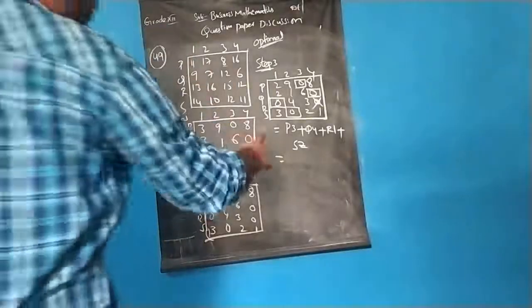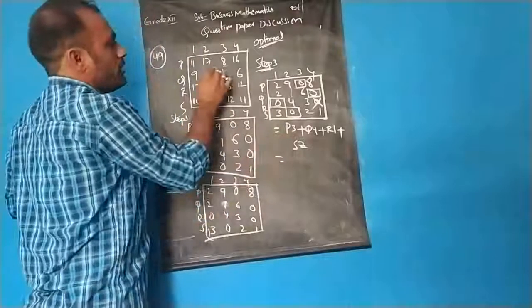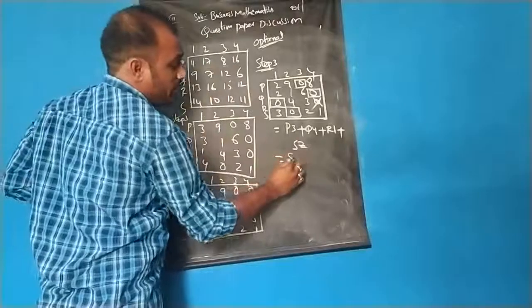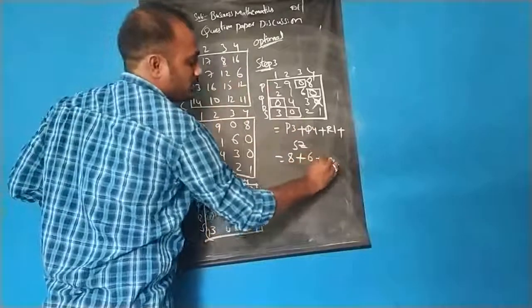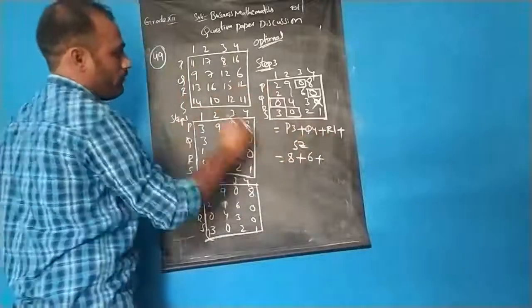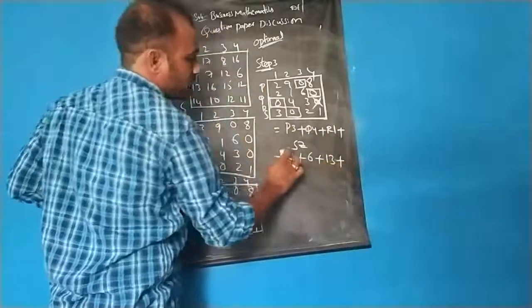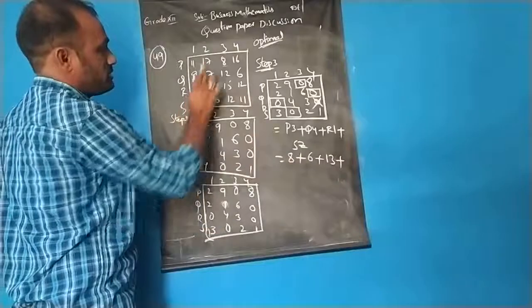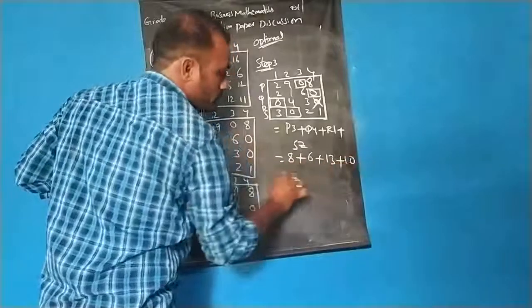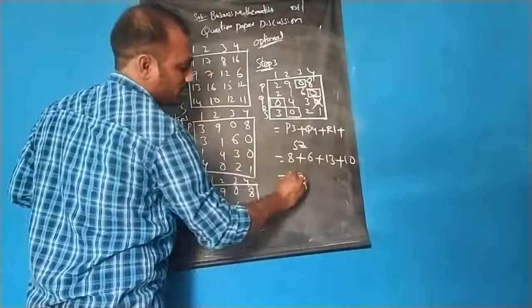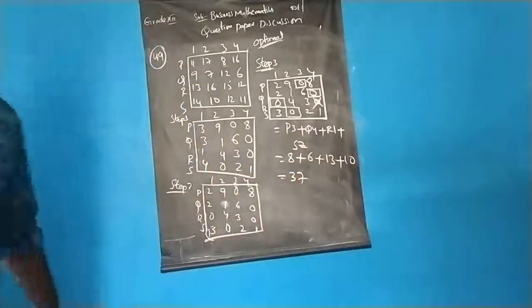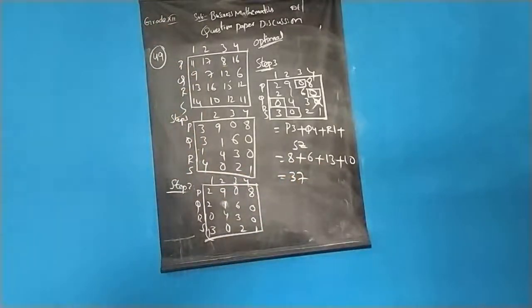Now here P3, if you see in the question, what is the number there? 8, plus Q4, which in the question is 6. In the case of R1, we have 13, plus in the case of S2, we have 10. If I sum these, 8 plus 6 is 14, plus 13 is 27, plus 10 is 37. So 37 will be the total cost.